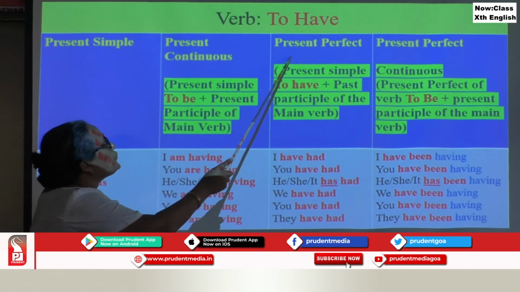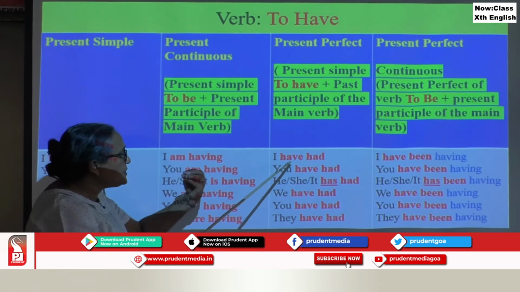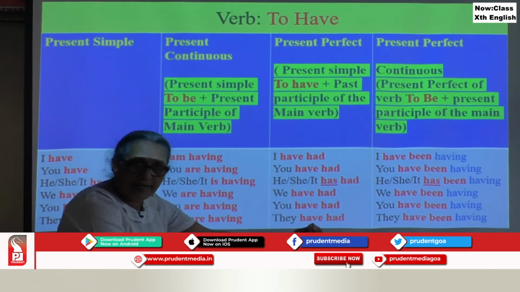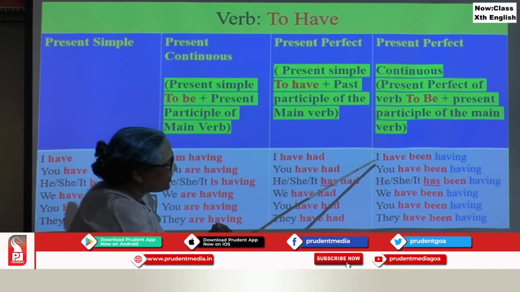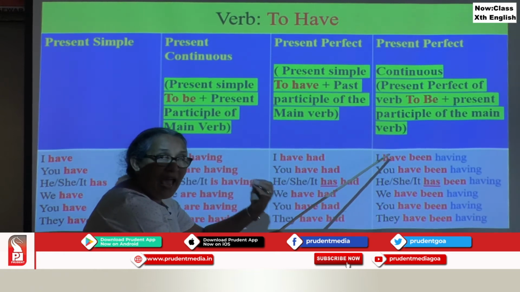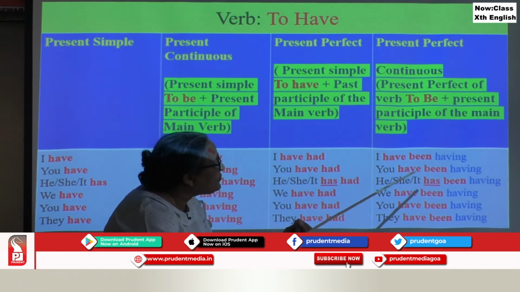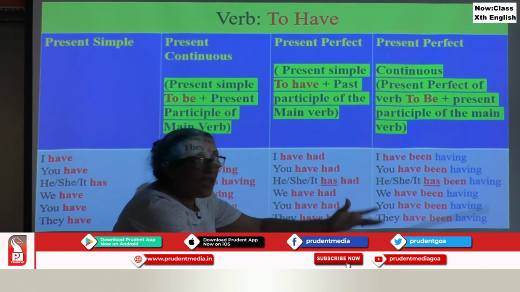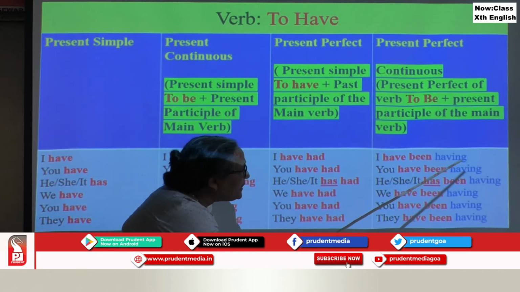In the case of future perfect, it will be future simple of verb to have, I shall have had. In the case of future perfect continuous, it will be I shall have. Come on. I shall have been having. You will have been having.